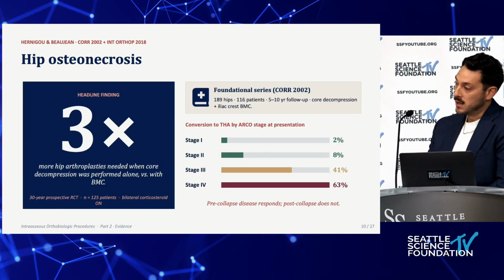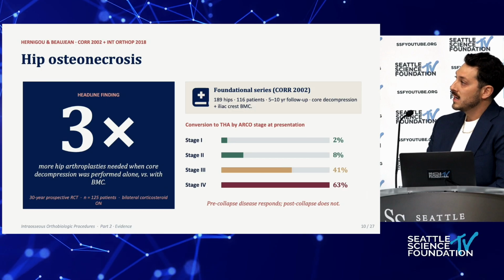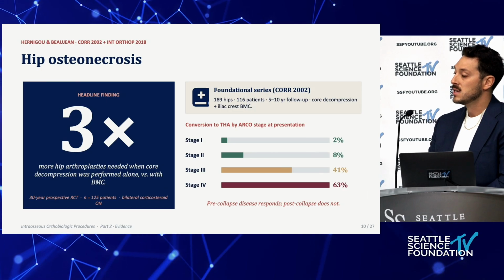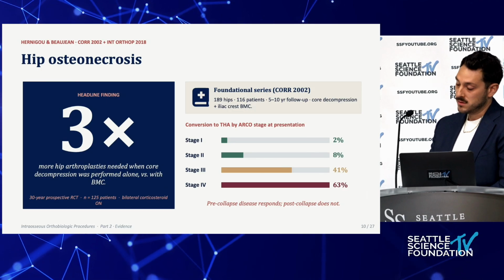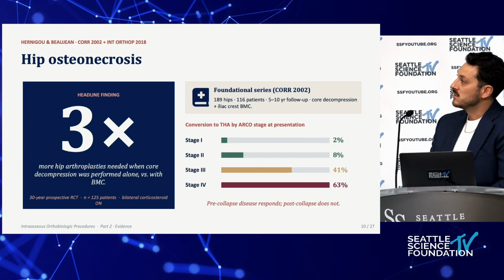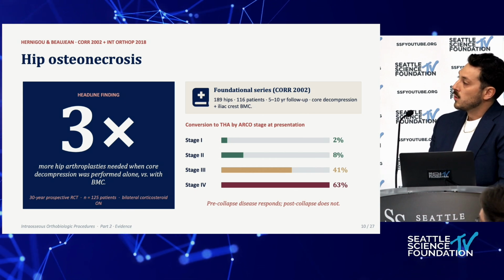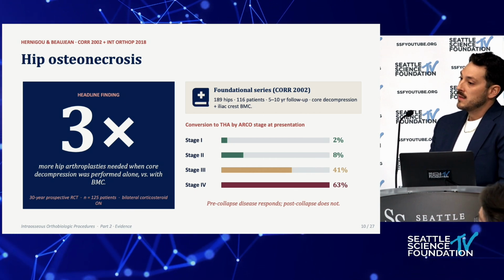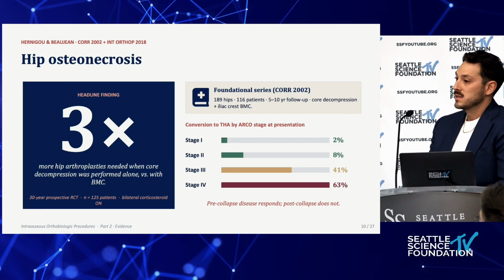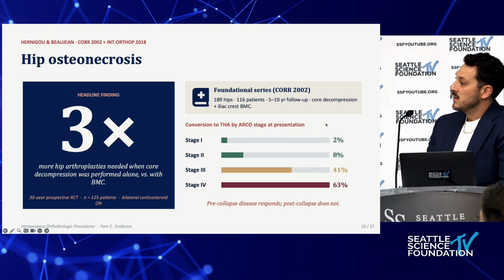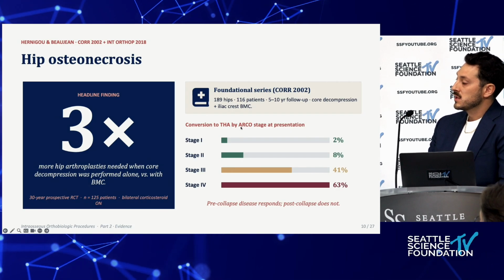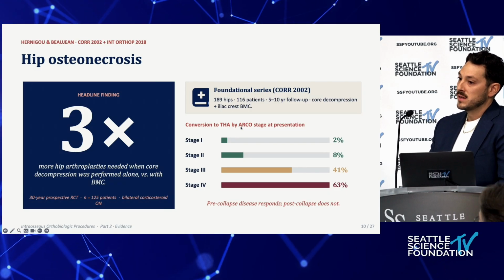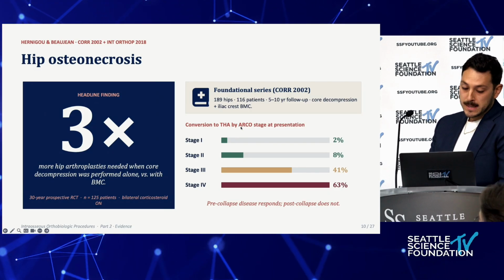When this was done for hip osteonecrosis, this was 189 hips, 116 patients. These patients all were steroid-induced hip osteonecrosis with a 5 to 10-year follow-up. This was a core decompression on one side, and then the other side was a core decompression plus iliac crest bone marrow concentrate. And the data very clearly showed that if you could rescue them in the early stages, you could prevent a need for a total hip arthroplasty.